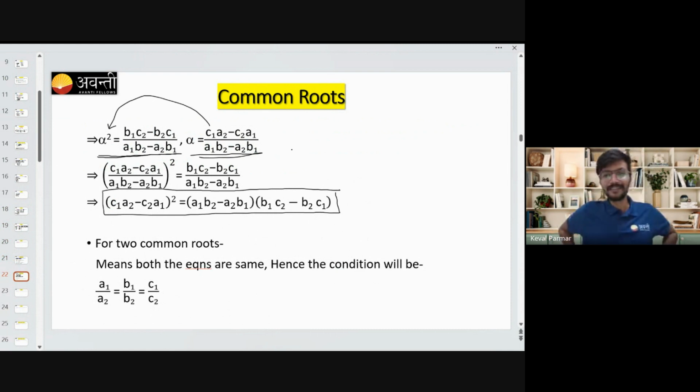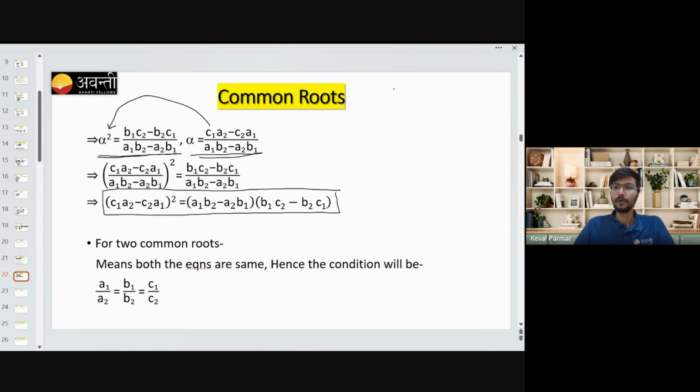And unfortunately, you have to remember this condition. Now, if both of the roots are common, then both the given quadratic equations are the same.